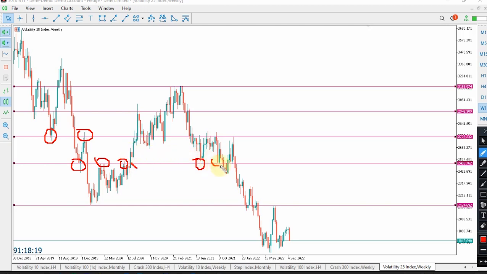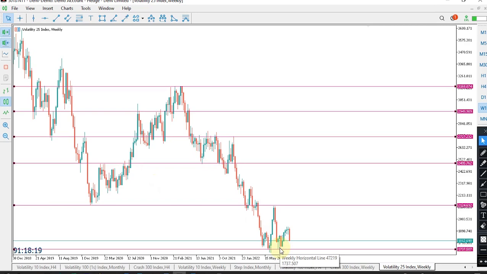Support, then broke this with a momentum candlestick, and broke this with a momentum candlestick. So we are good to go. So these are the past support and resistance. Now here is price now. Let's go towards price and place our support and resistance, because that's what we need.